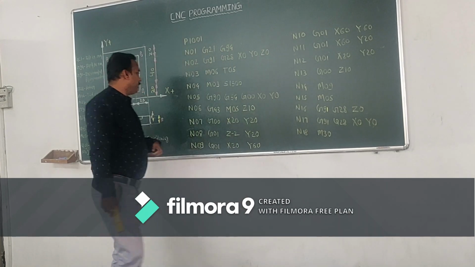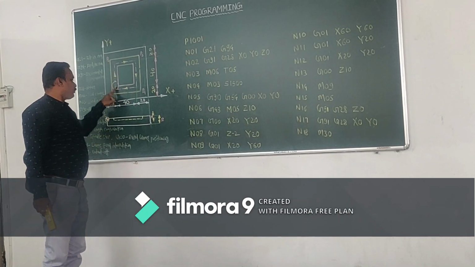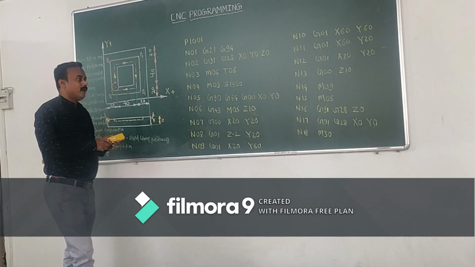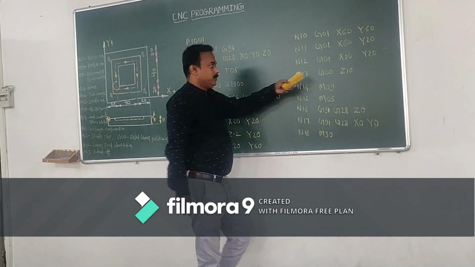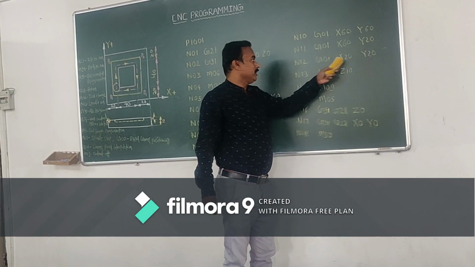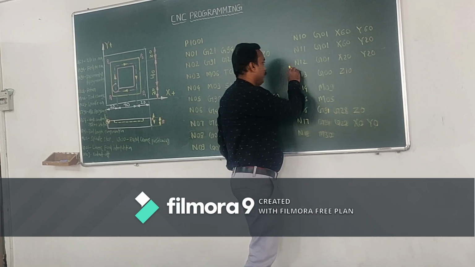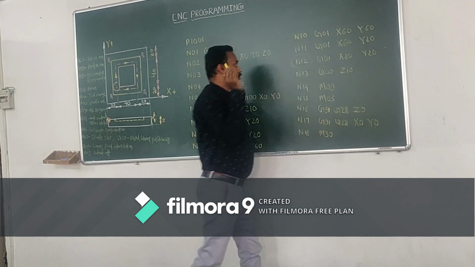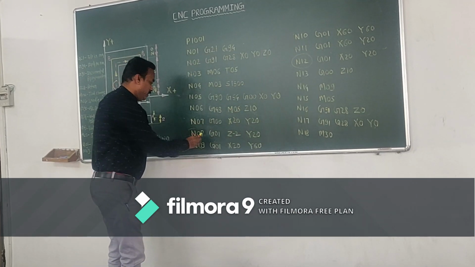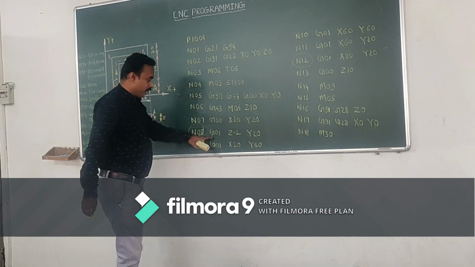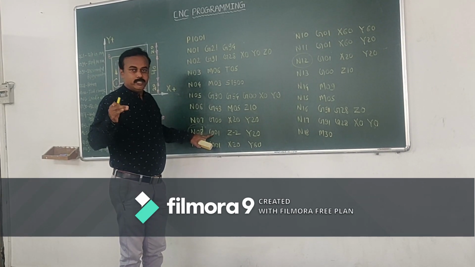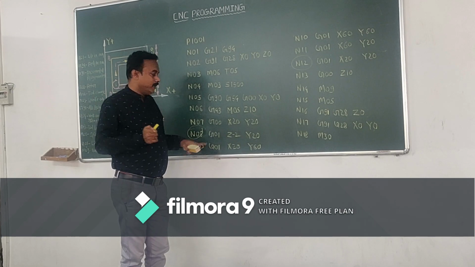Now from that point return to here. At this point X is equal to 20, Y is equal to 20. This is X is equal to 20, Y is equal to 20. Now from this point, this N is equal to 12, and from this point the operation has the specification G01.